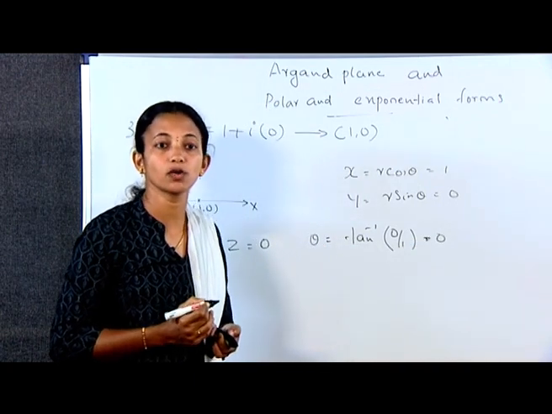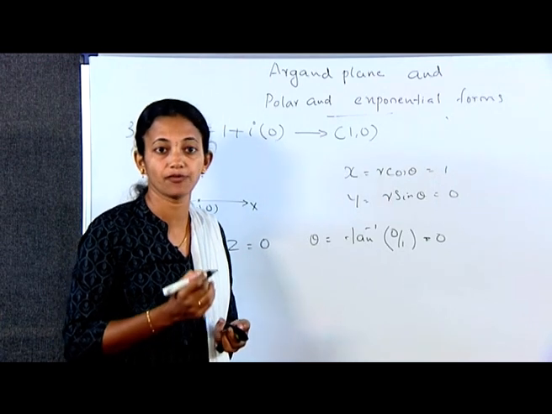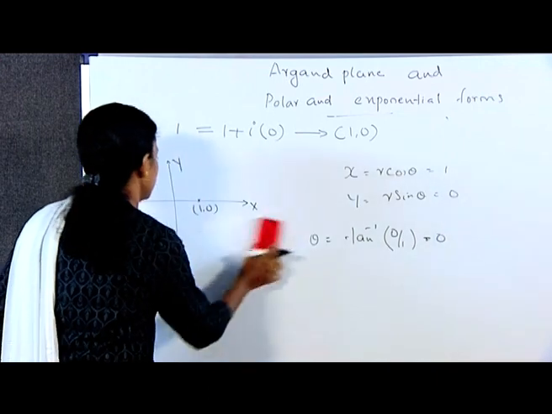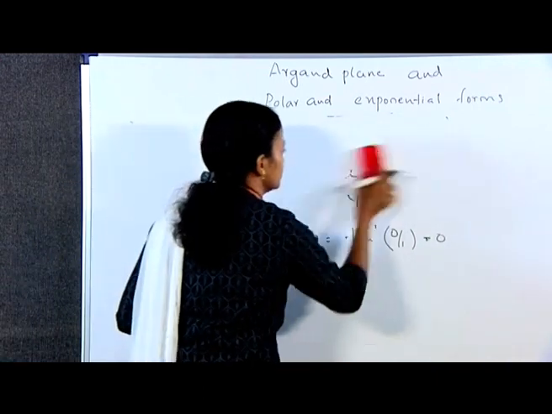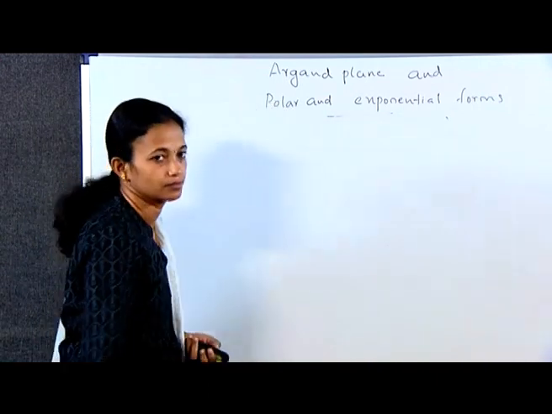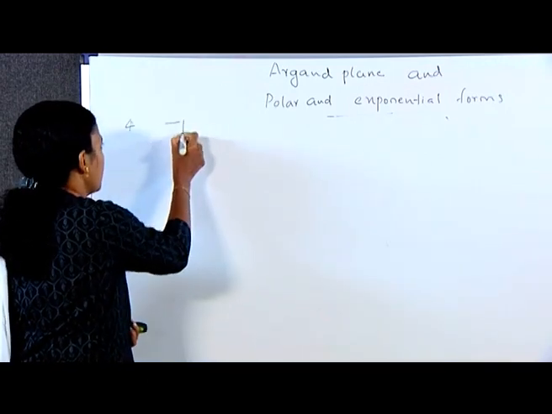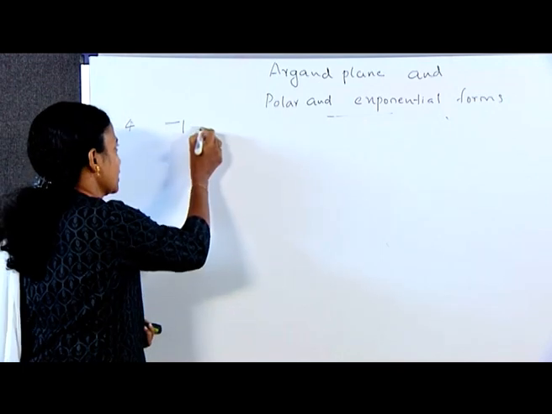Next, find the modulus and principal amplitude of minus 1 minus i.